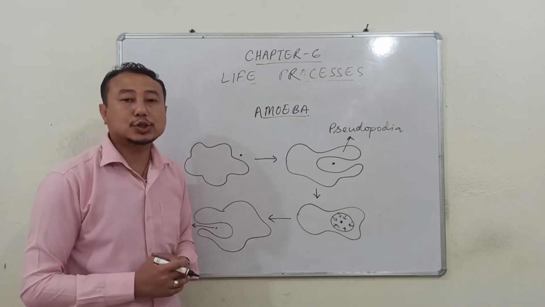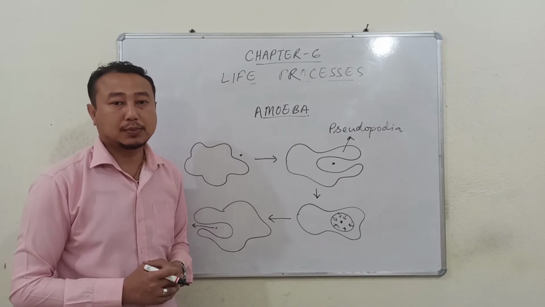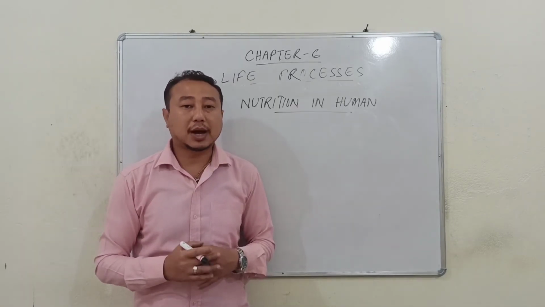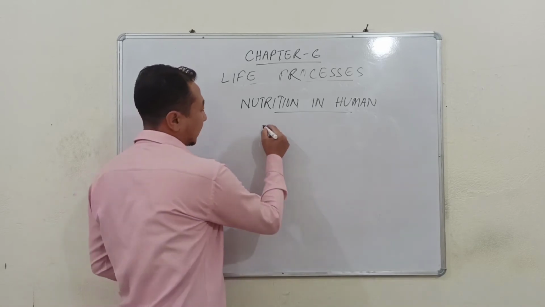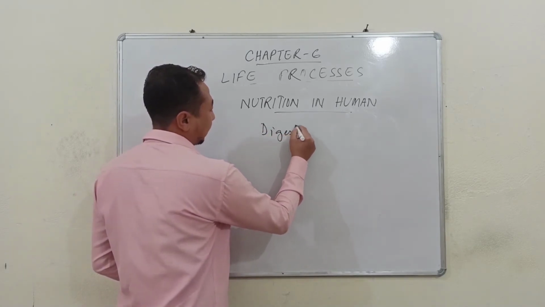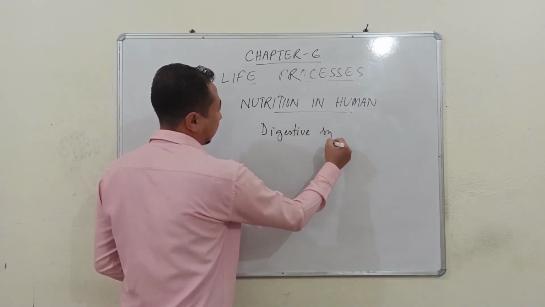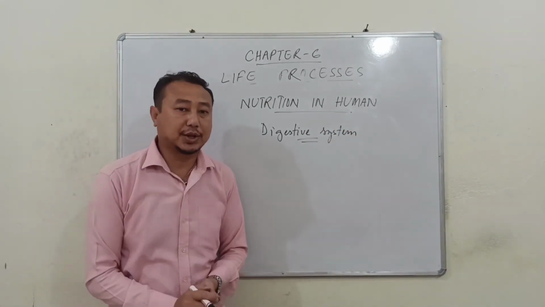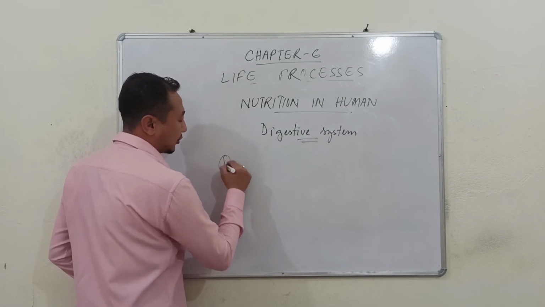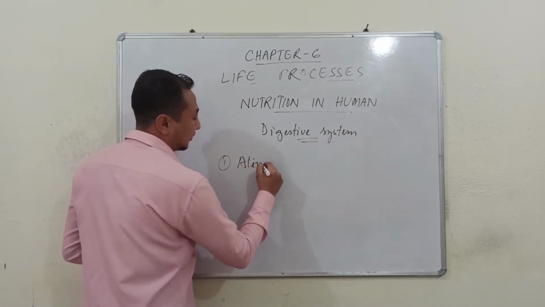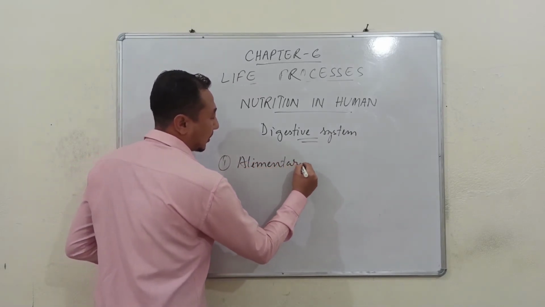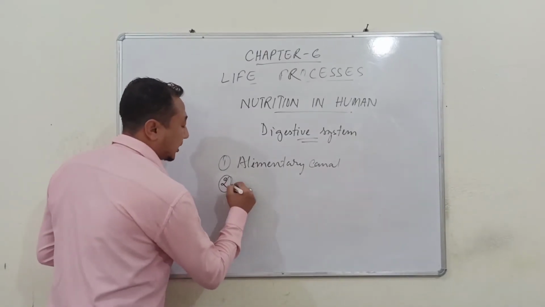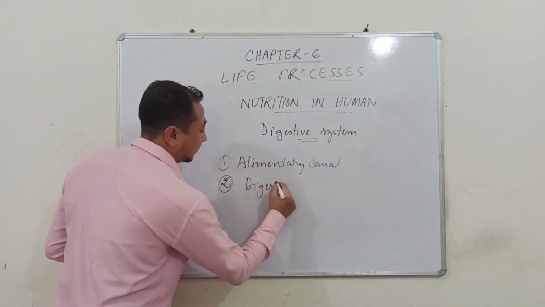Now let's come to the next topic, that is nutrition in human beings. In human beings, the process of nutrition is performed by an organ system which is known as the digestive system. In the digestive system, two different parts are there. One is known as the alimentary canal, and the second one is the digestive glands.